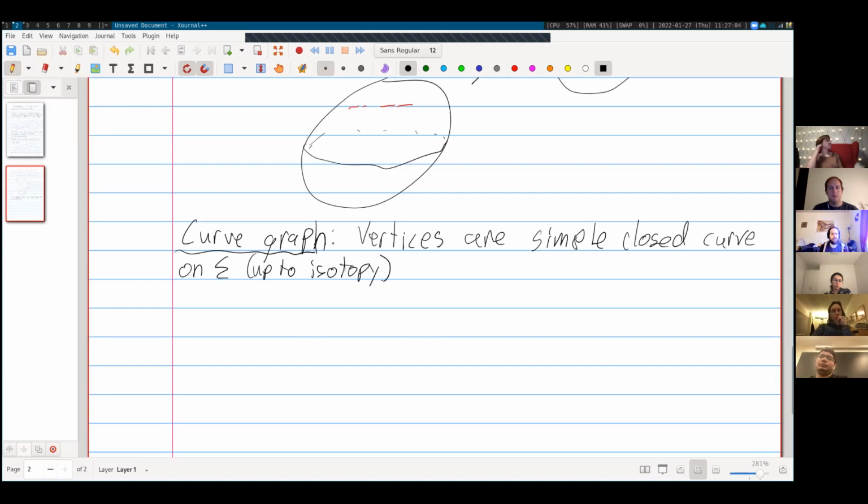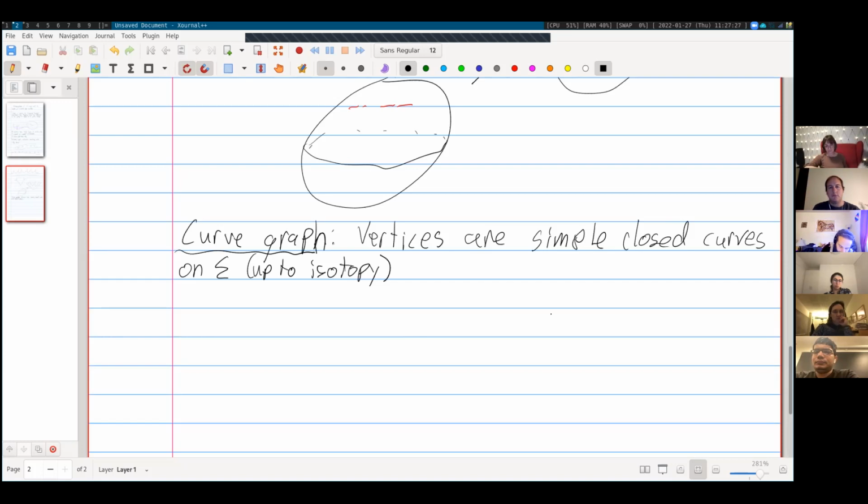Oh, I should say, please interrupt with questions if and when you have them. I hope that my very informal style makes that obvious. Simple closed curves considered up to isotopy, because again, we don't want isotopies to affect this.